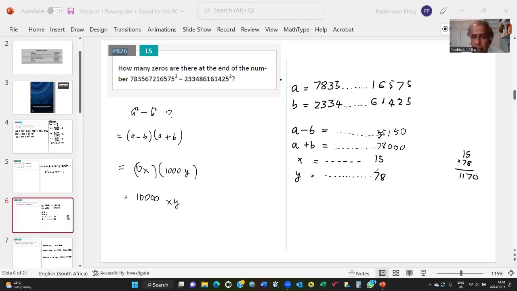Now we're left with multiplying x times y, but I'm interested to see what xy ends in, because I want to know how many zeros there are at the end.